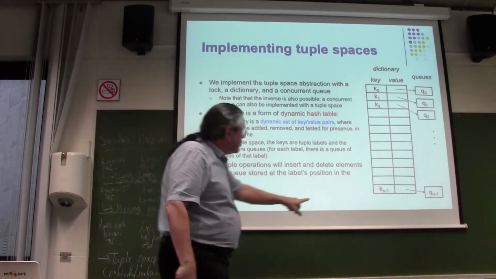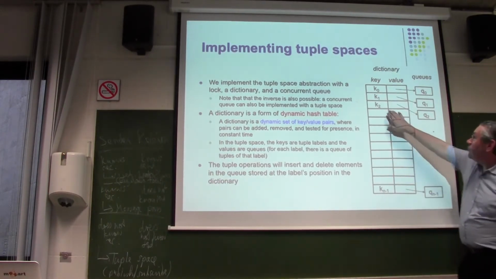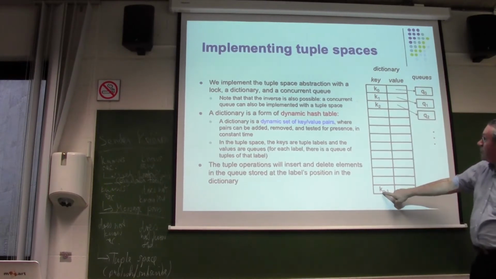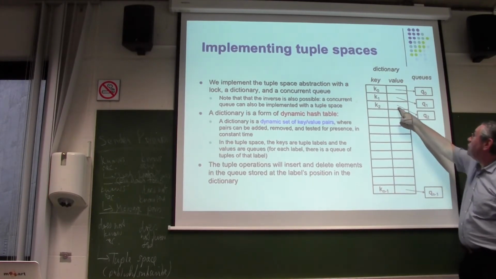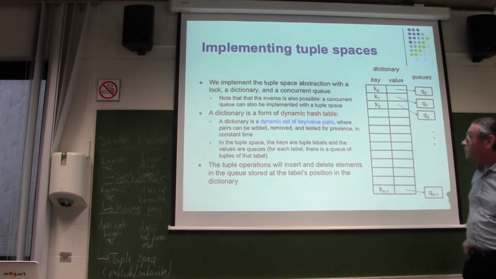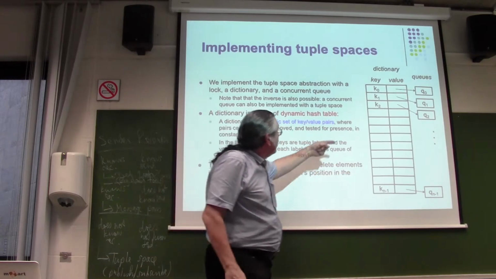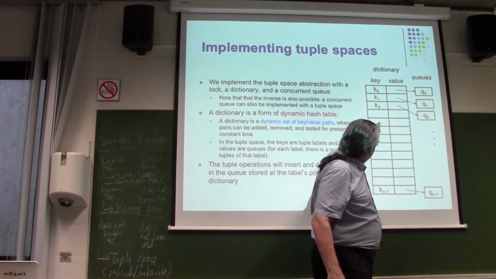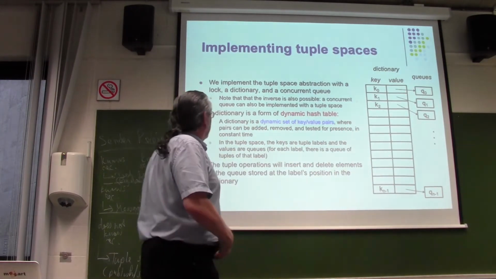So here we have a dictionary. A dictionary is like a hash table, so it's an indexed structure. You have a key, which is an atom here, and then you have some value. The values are going to be queues. So if I put in a tuple with label bar, then the key will be bar, and I will add a queue of tuples that have label bar.